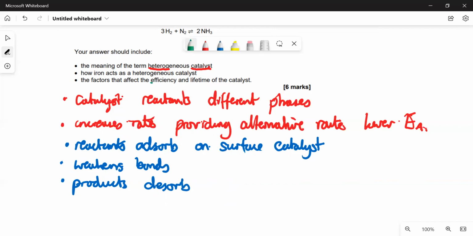Then we say the factors that affect the efficiency. For the catalyst to be efficient, it needs a large surface area. And the lifetime of the catalyst: well, the catalyst can be poisoned.